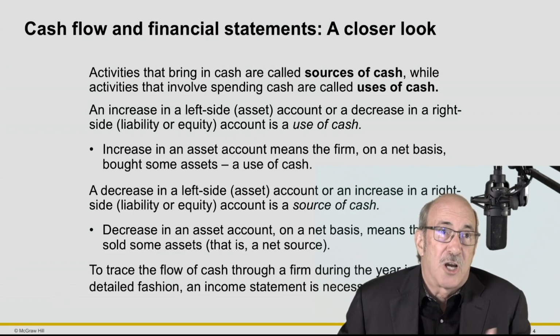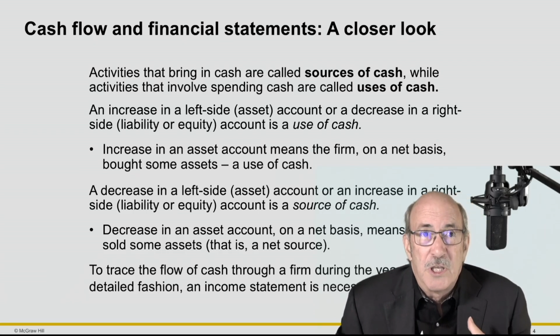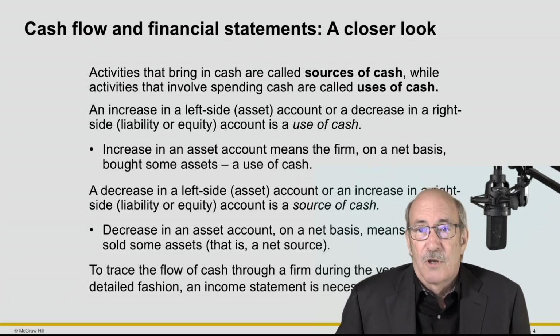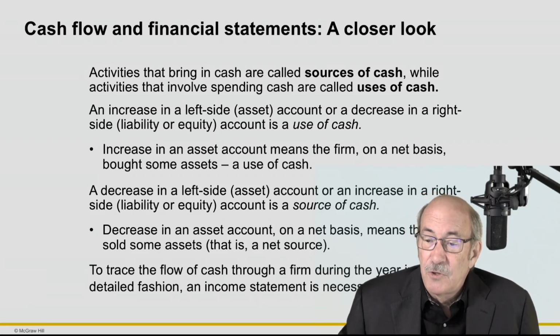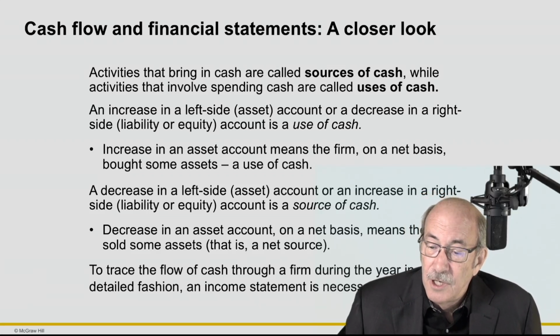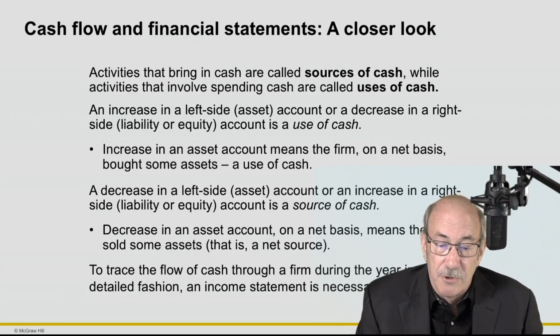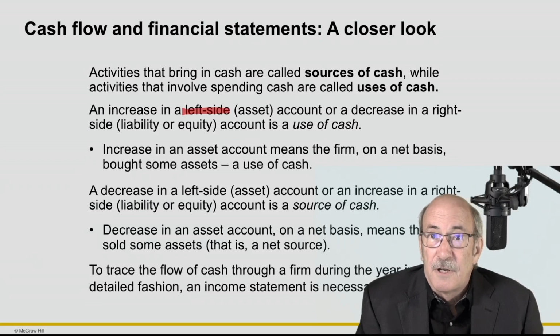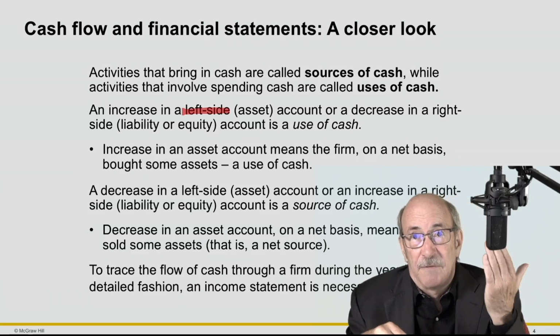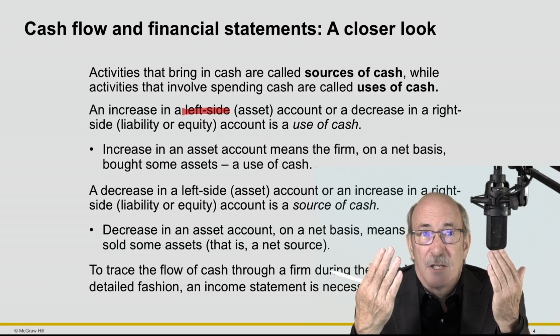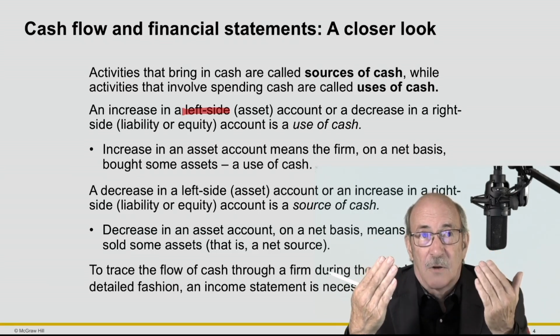So, sources and uses of cash. Where does the cash come from, and where do we use the cash? We can very simply look at this. Let me turn on the highlighter here. If we look at the left-hand side of the balance sheet, that is our asset side. Remember, left-hand side is assets, right-hand side is liabilities and equities.